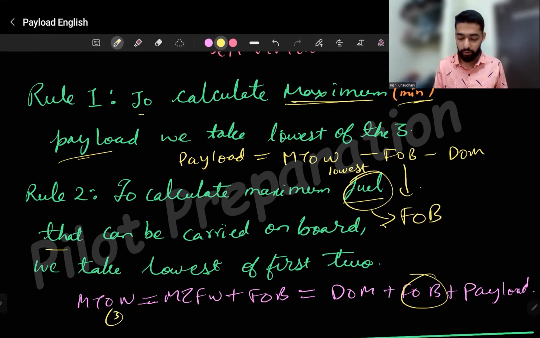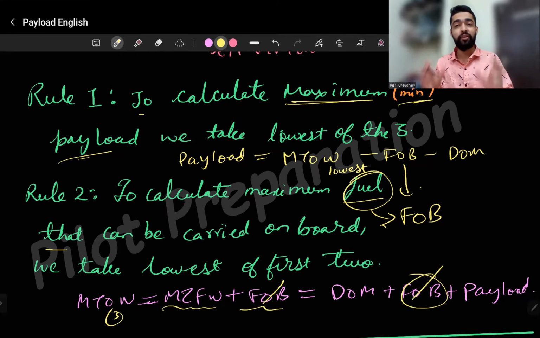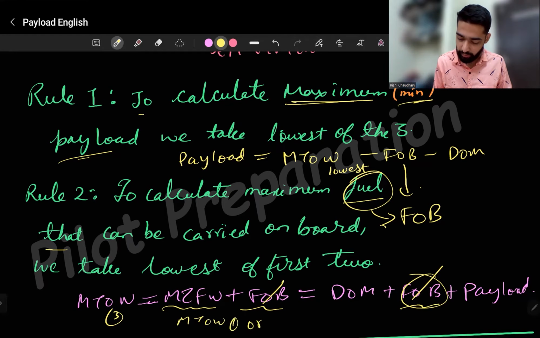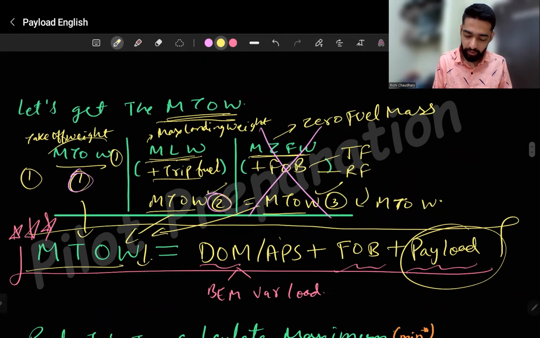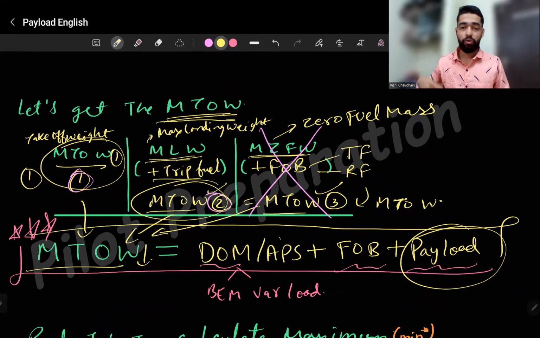If you are using MTOW3, that is nothing but MZFW plus FOB, isn't it? So FOB will get cancelled because they will be the same value. So whenever you need to find FOB, you use MTOW1 or MTOW2. You take the lowest of these two values and find out the fuel on board.